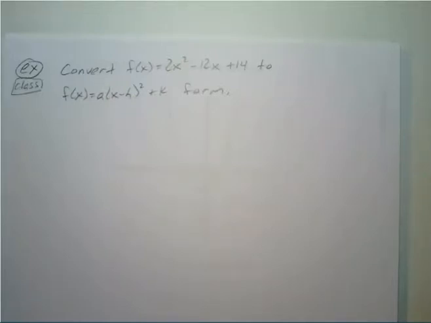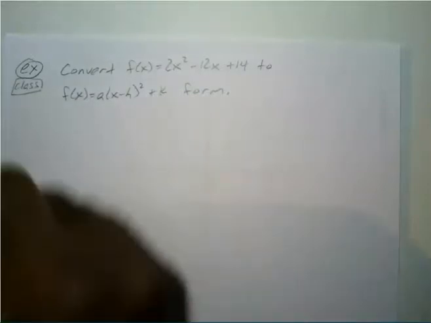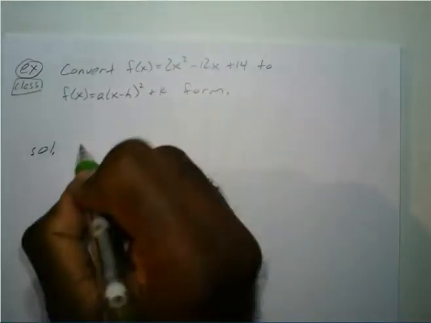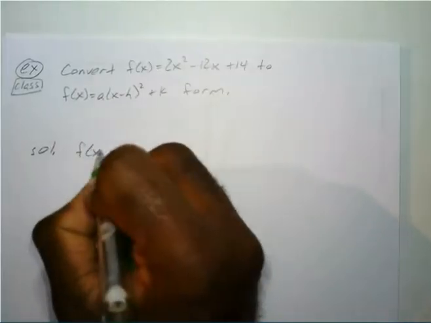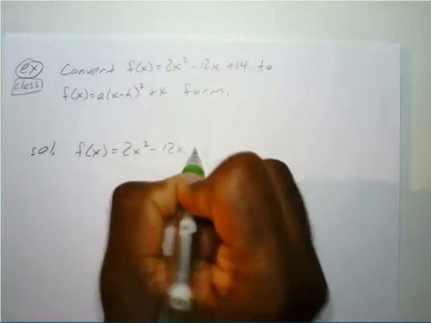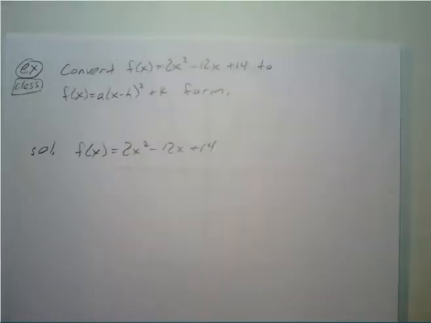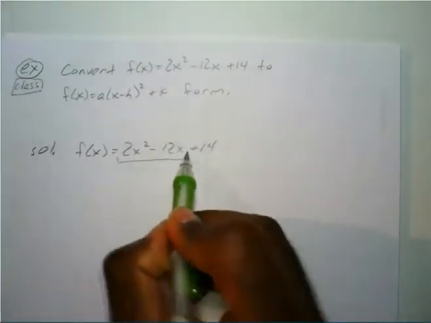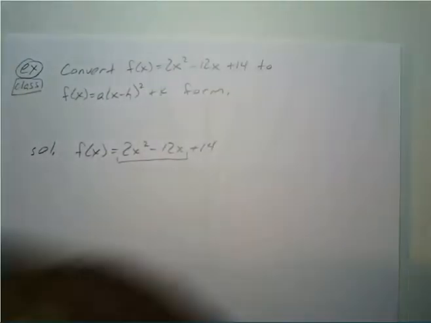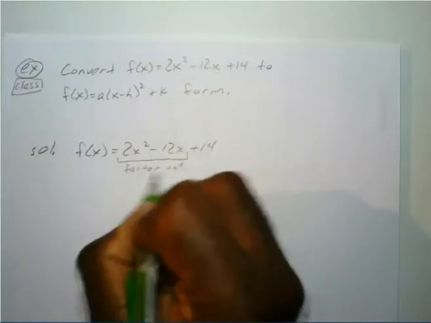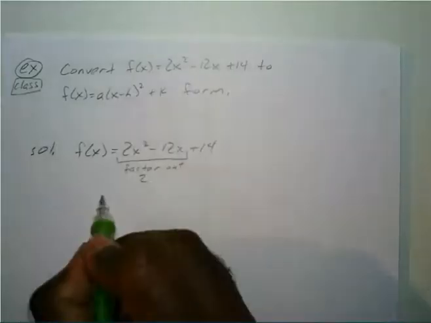All right, so I'm assuming you've pressed pause and worked this one out. So let's go ahead and verify. Okay, so we have f of x equals 2x squared minus 12x plus 14. So if you did everything correctly, you know that you now factor out the greatest common constant. So here we factor out a 2.